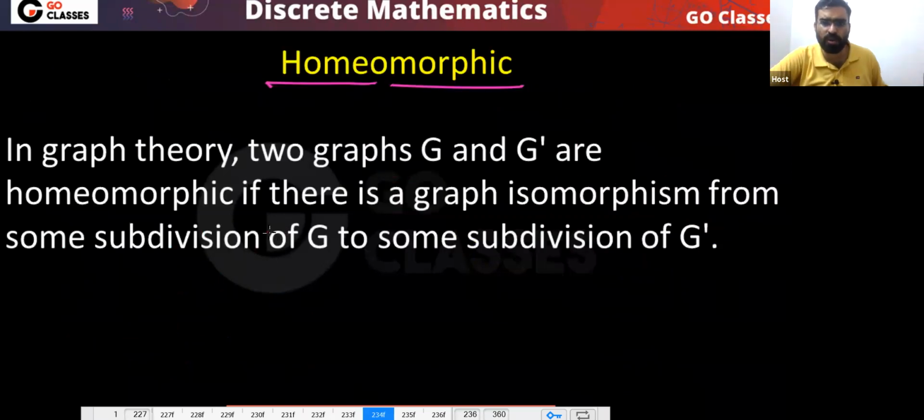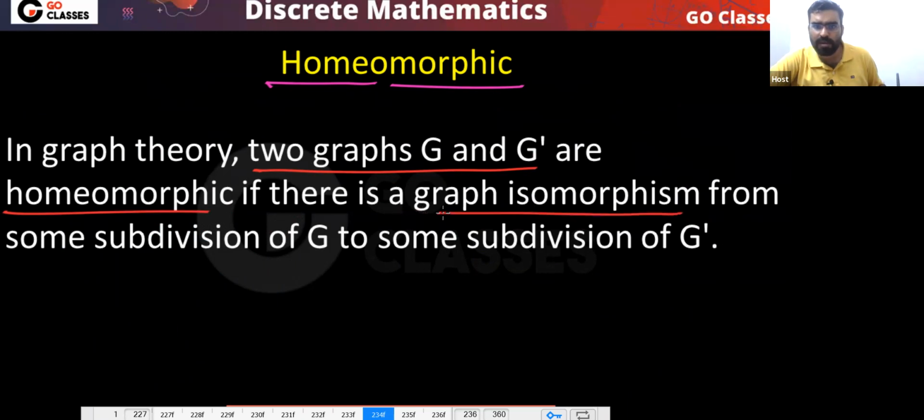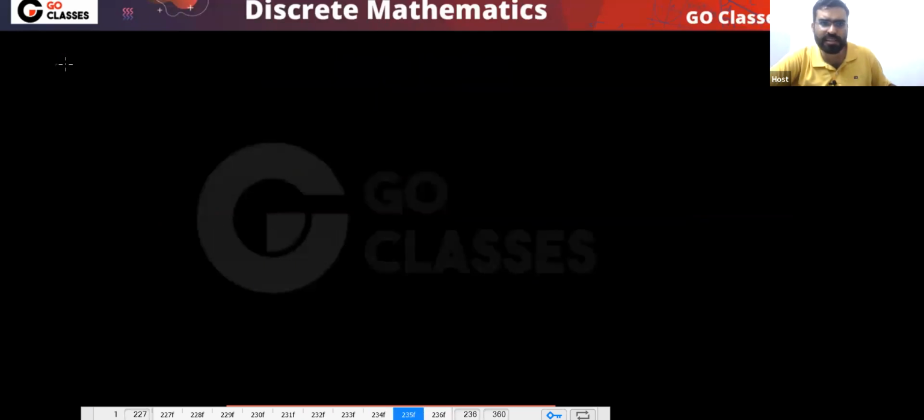Now let's see what is homeomorphic. Two graphs are homeomorphic if there is a graph isomorphism between some subdivision of G and some subdivision of G dash. So when can I say G and H are homeomorphic?